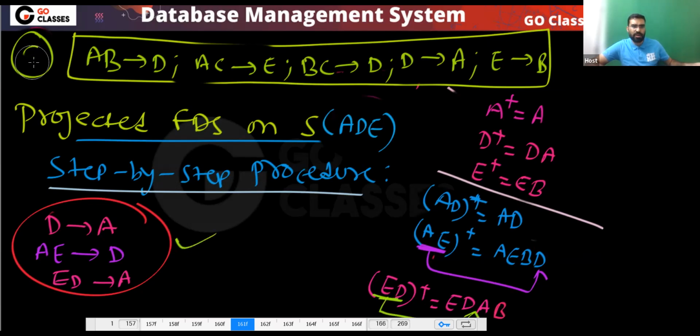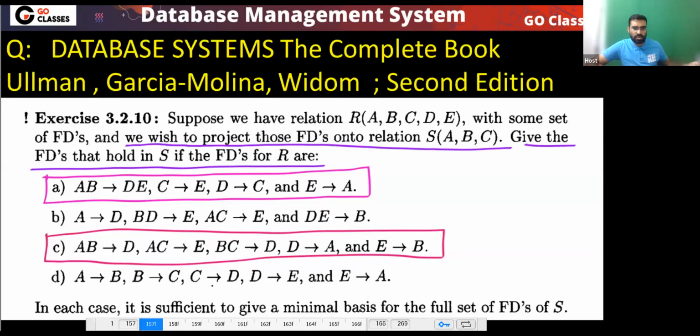So this is how you can do these questions. Is this clear? Tell me. All these questions you can do. Basically, Nikhil, the question is just saying that you can give any set of FD.